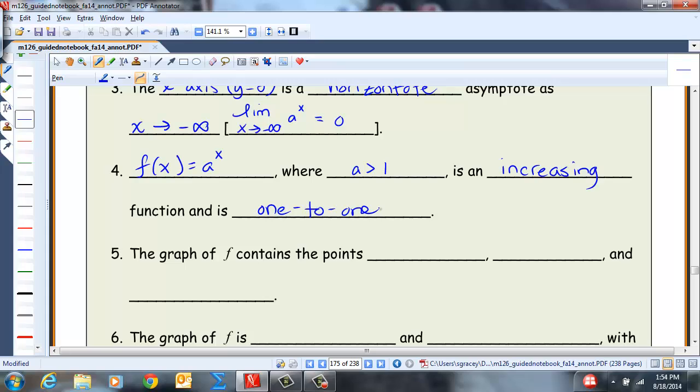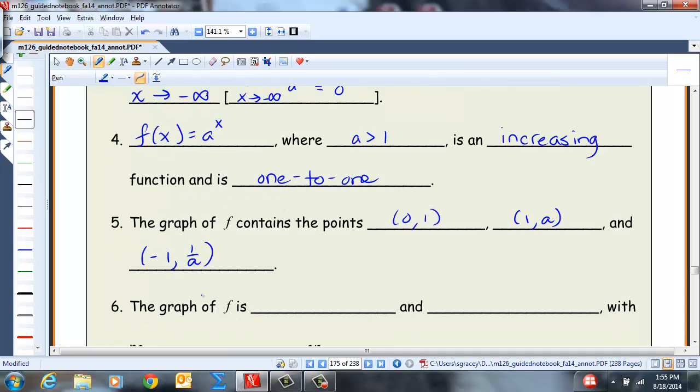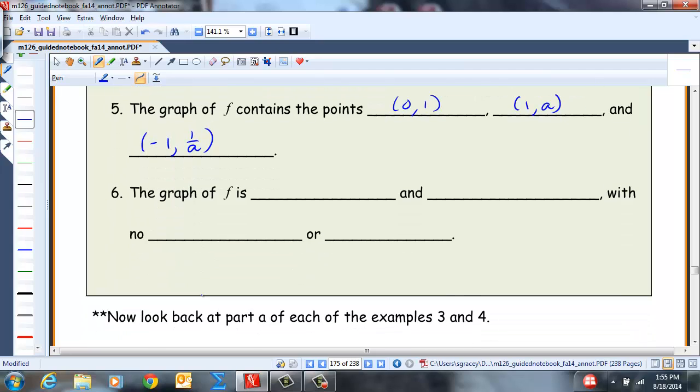The graph of f contains the points 0, 1, 1, a, and negative 1, 1 over a. And the graph of f is smooth and continuous.